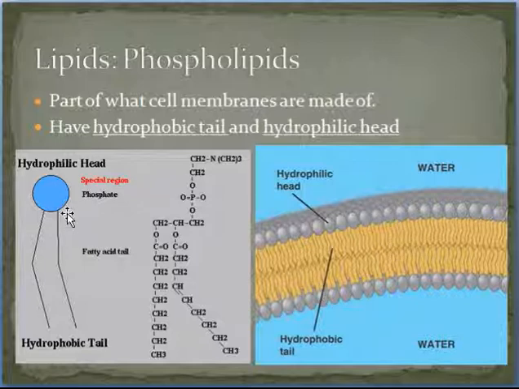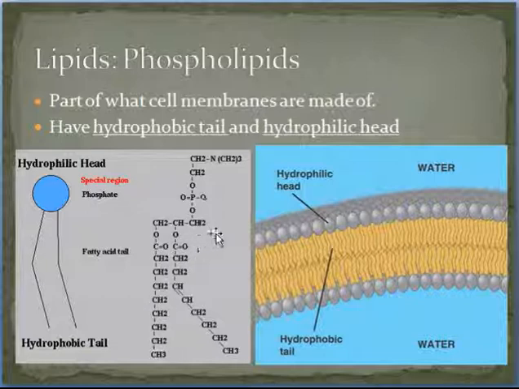For an individual phospholipid, here's this blue dot is the hydrophilic head, and these black lines are the tail. Remember, there are two little hydrocarbons that are the tail. So here's a more detailed picture.